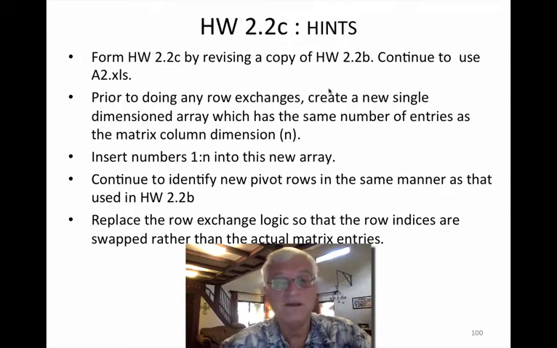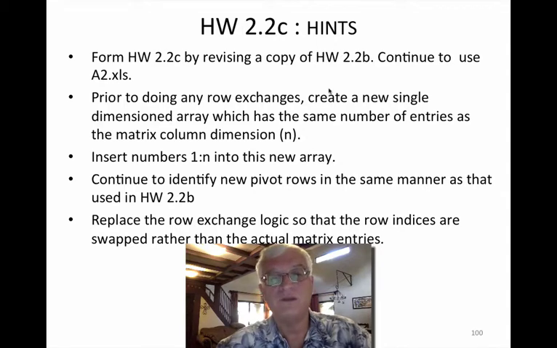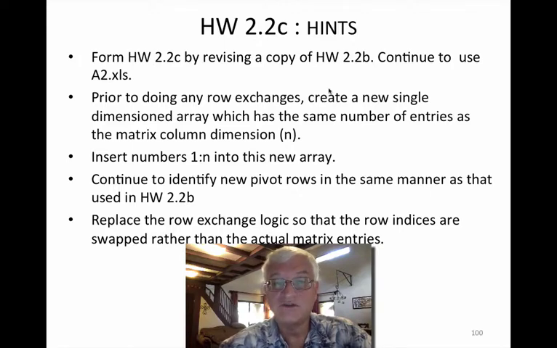So let's be specific. Let's say you were trying to exchange row 1 with row 3. In 2.2b, you went through value by value across the whole row and exchanged every value between row 1 and row 3. You also exchanged the B values that correspond to row 1 and row 3. That code will need to actually go away. You'll have to pull it out. And then in an appropriate place in your script, you will do the same kind of exchanging, except you will need to exchange the values of the index.